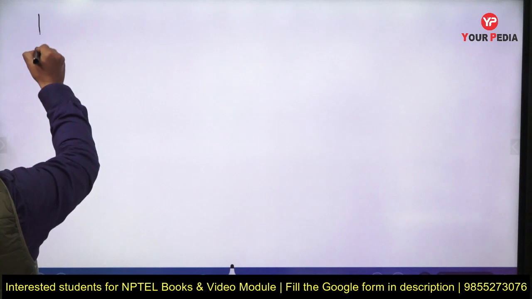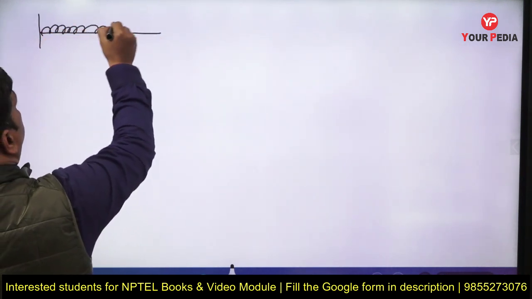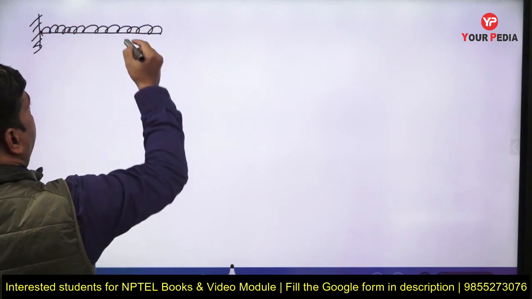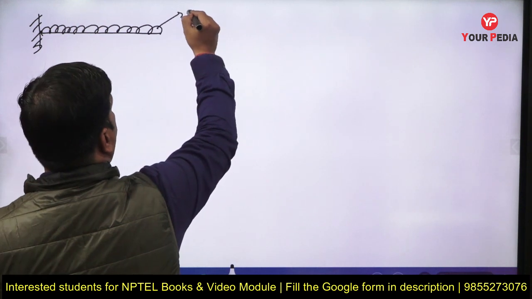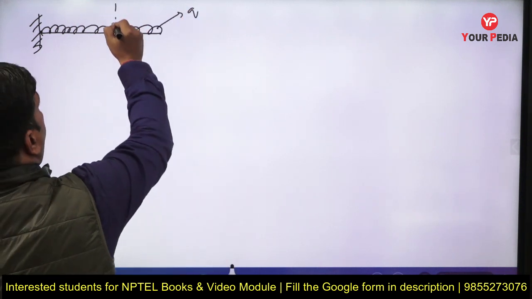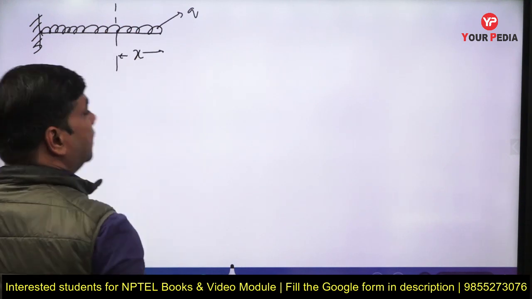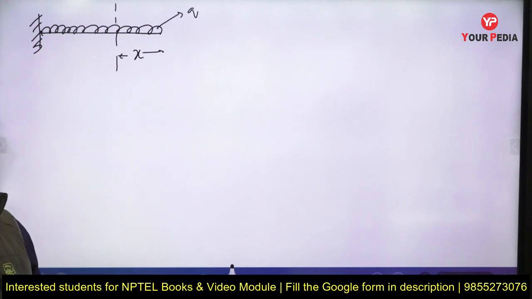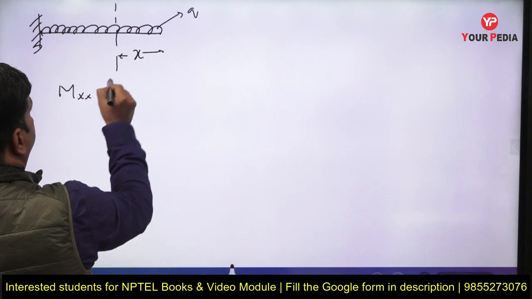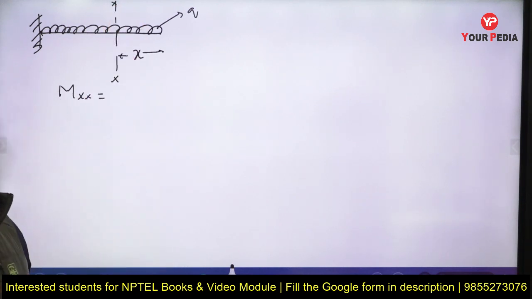This is our member subjected to UDL. Let us assume this is a UDL having magnitude q Newton per meter. I am taking x from the free end. Now the moment at a section x: how do we solve the UDL?